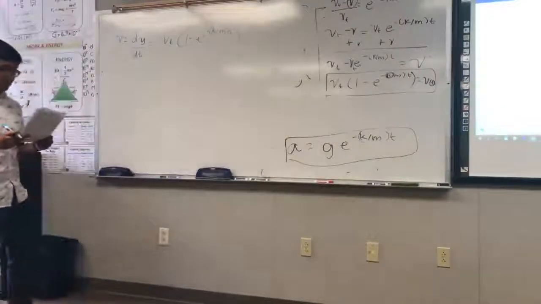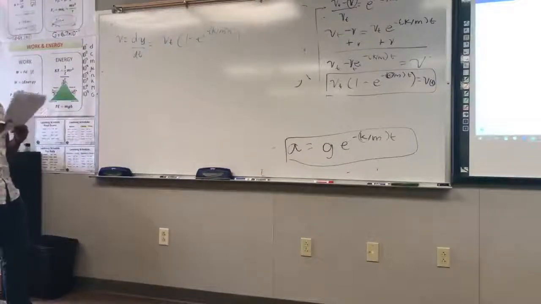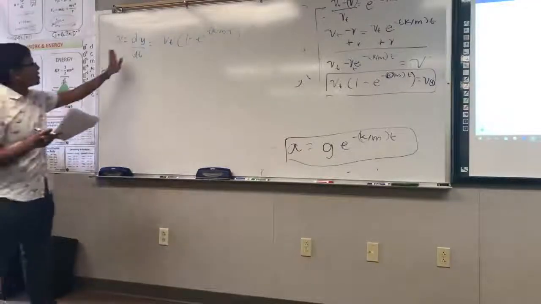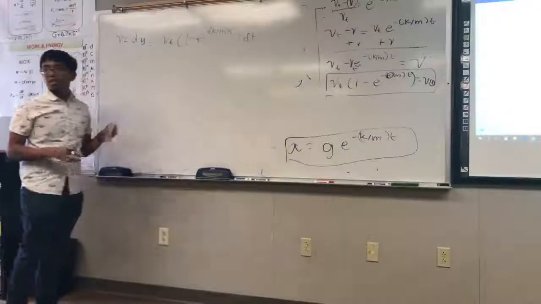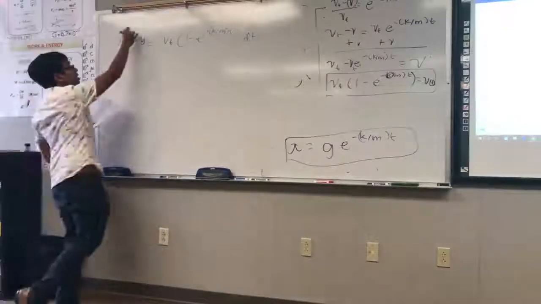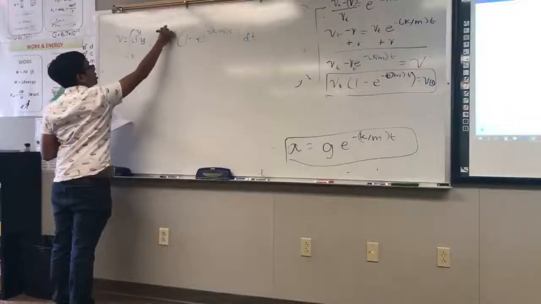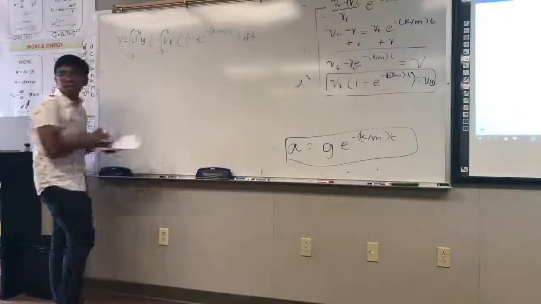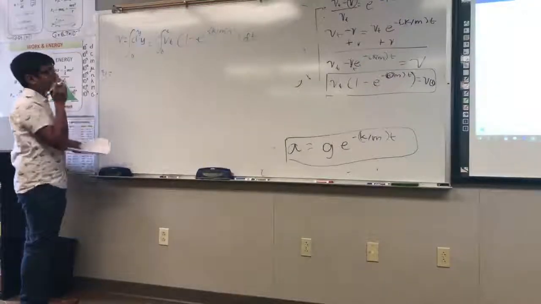So, we have that. I'm going to transfer dt to both sides, to this side, and I'm going to take the integral. So this just becomes y. And what does this become?